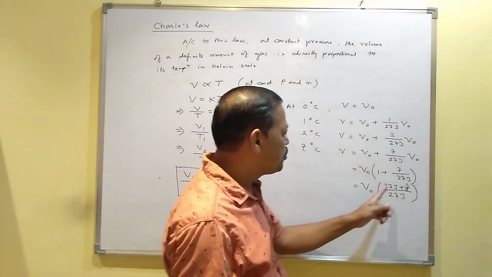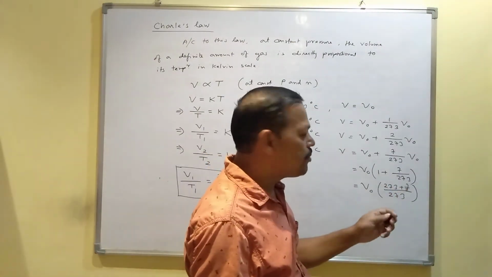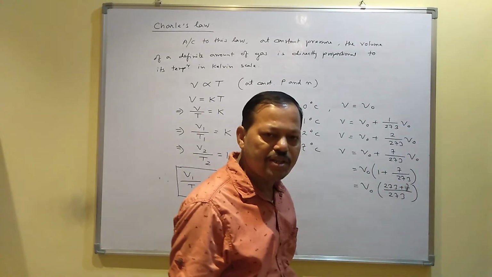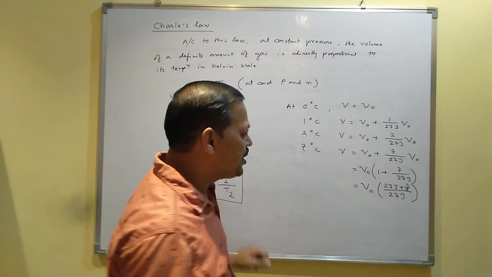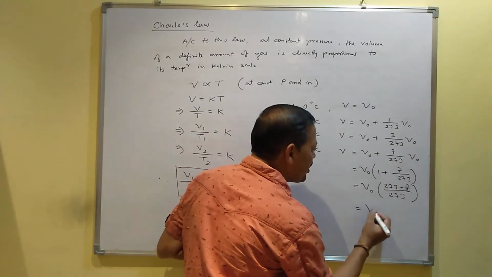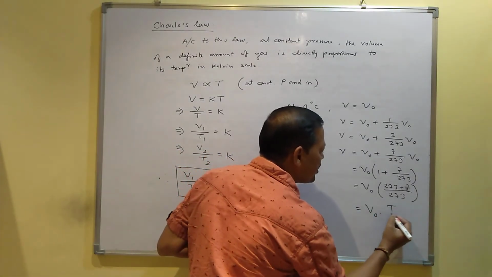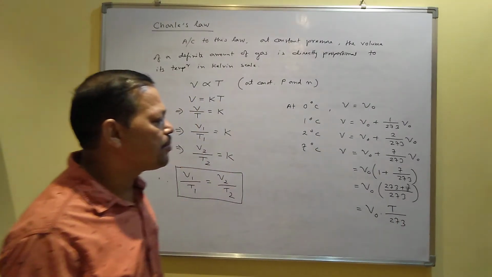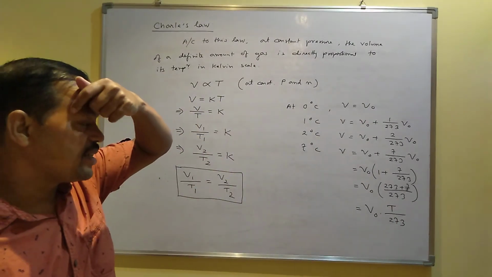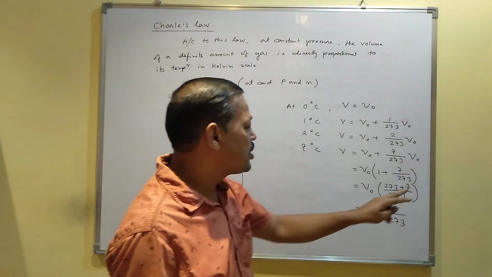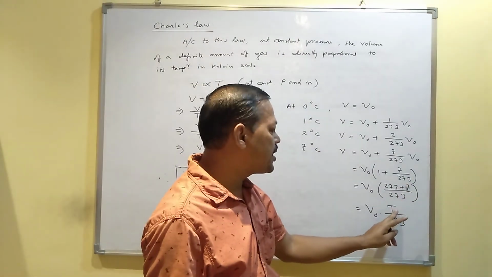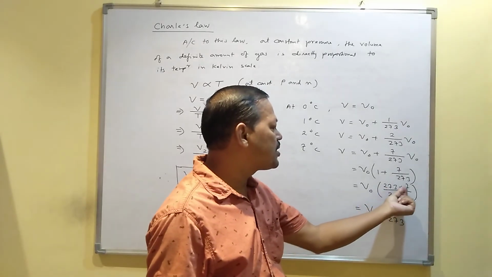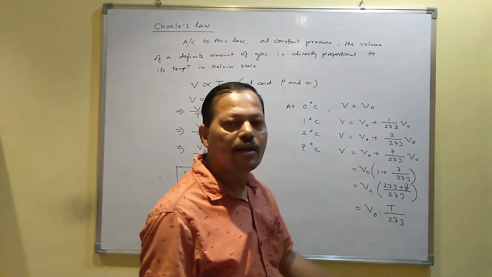When you add the degree Celsius temperature to 273, it converts to Kelvin temperature. So ultimately you can write V naught into capital T divided by 273. Capital T represents the Kelvin temperature, small t represents degrees Celsius. 273 plus the degree Celsius temperature always gives you the Kelvin temperature.